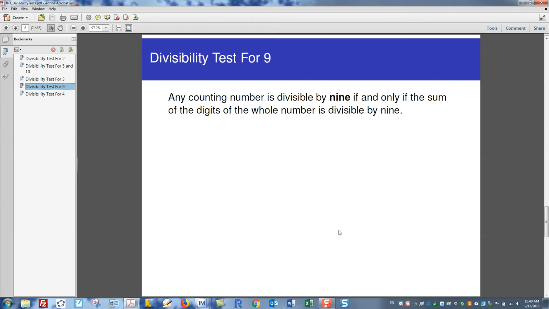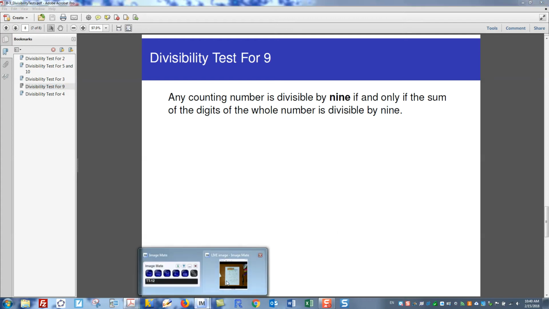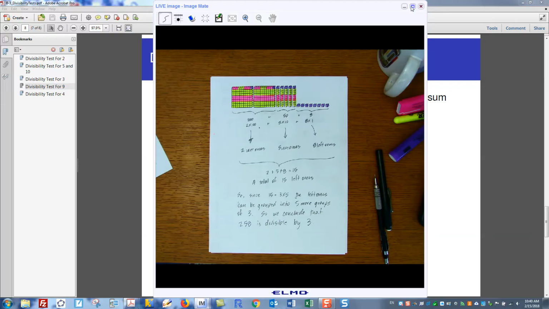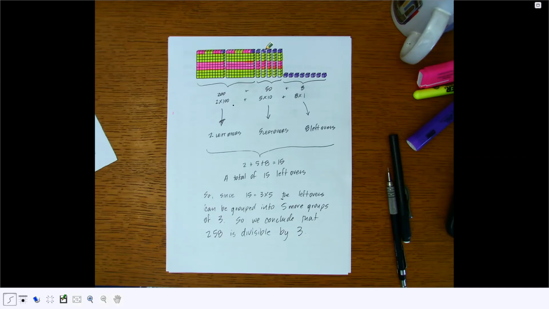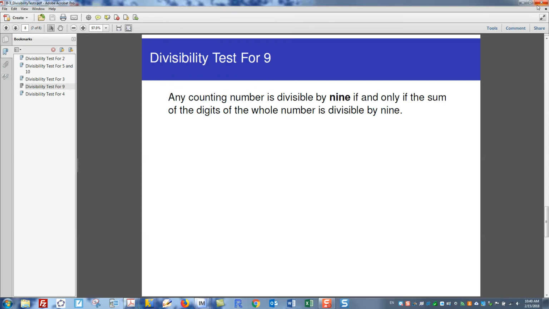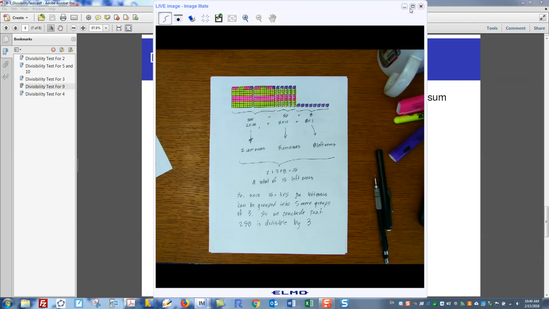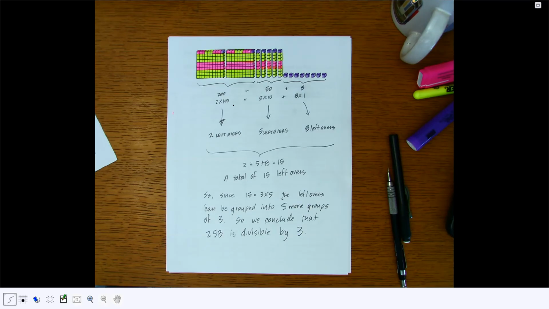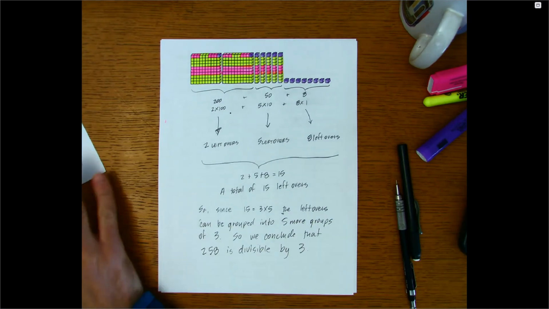So you should be able to think to yourself, well, how could I adjust this strategy, thinking about divisibility by 3, to think about divisibility by 9? So I'll let you think about that and play around with that by reading your text. But let's go ahead and just apply it to the list that we have and see if we can round this out a bit.